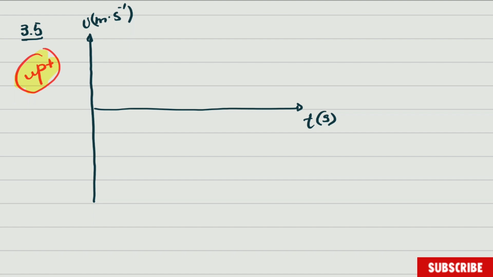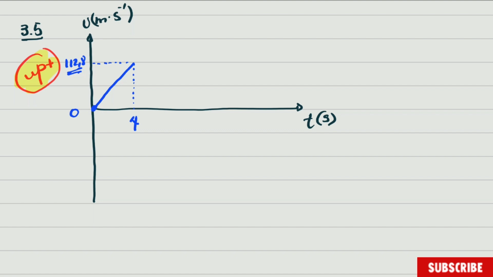You need to know that the rocket starts moving all the way up from 0 meters per second up to a point which is at 4 seconds. Here is a point of 4 seconds in which the velocity at that point is 112,8 meters per second.